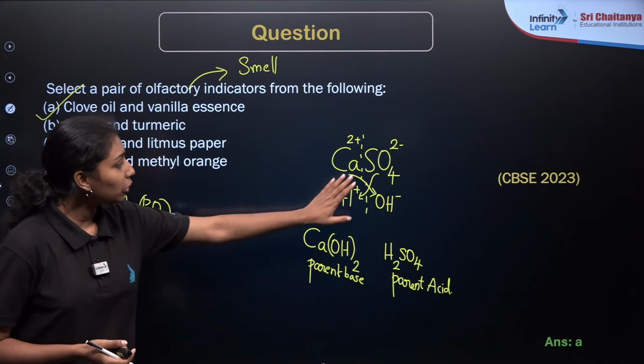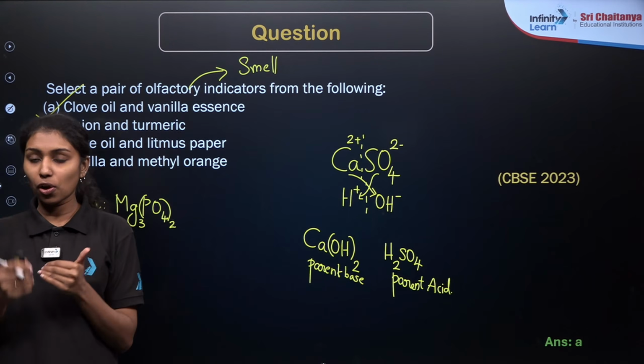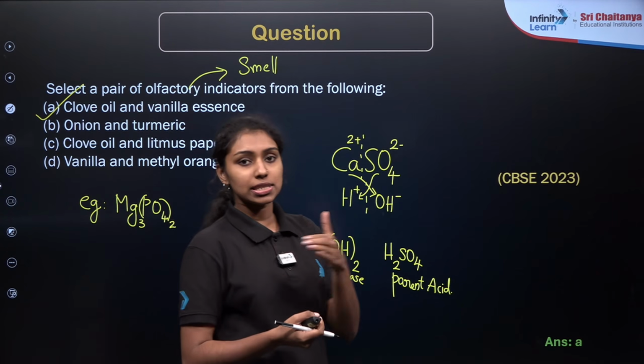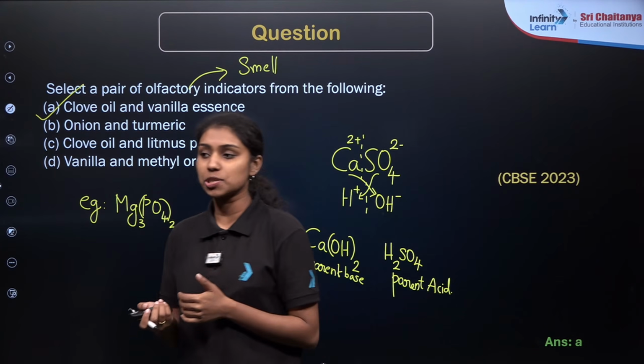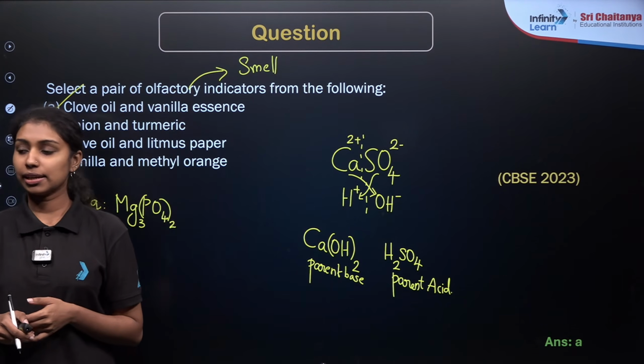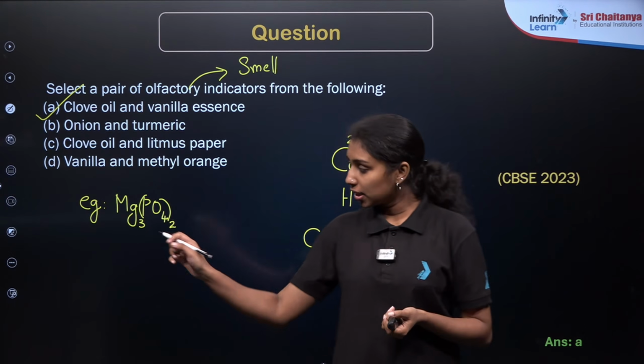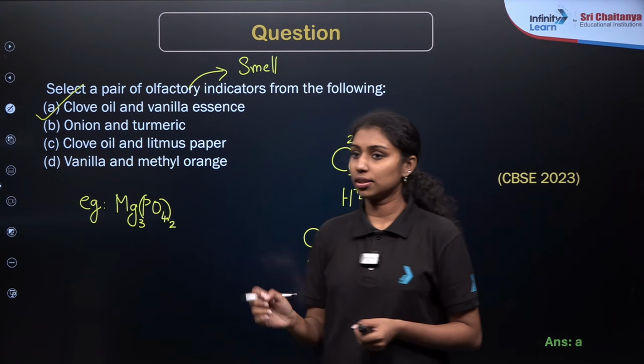Yes, this is a trick to find out the parent acid as well as the parent base. As we already know, this salt is formed by the neutralization reaction, which means water is removed, so I am adding H+ and OH- here. Can you please give me the parent acid as well as the parent base in the case of magnesium phosphate?